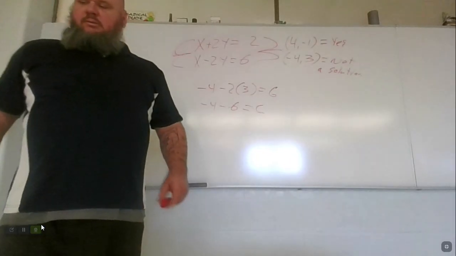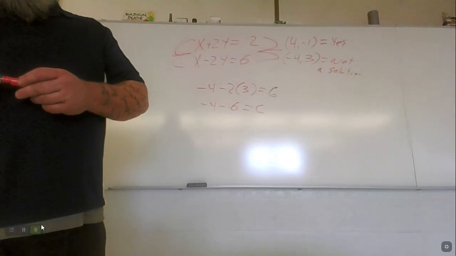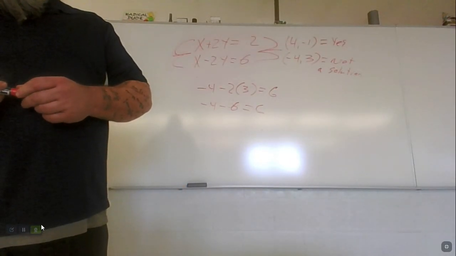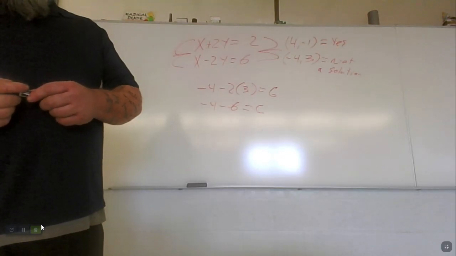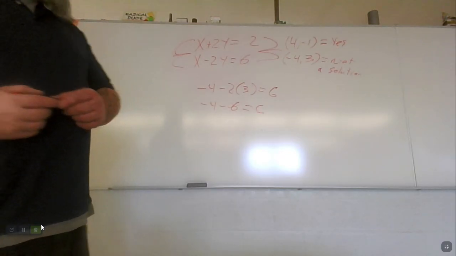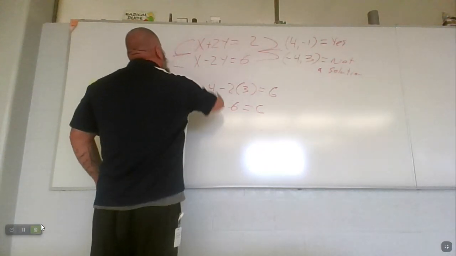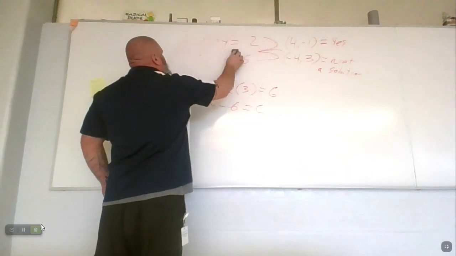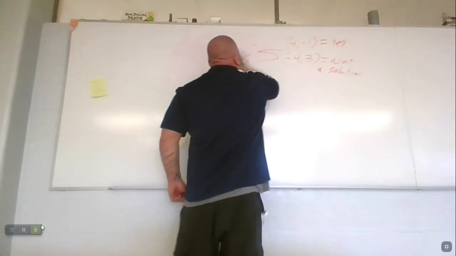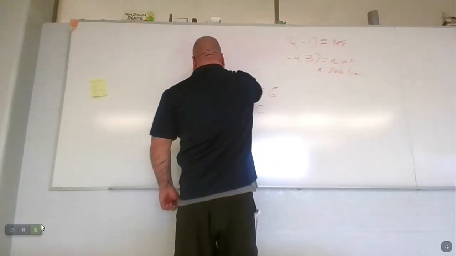All right. Now let's talk about how we can solve these graphically. First thing we want to do, we want to make a coordinate plane. We talked about in our support material.